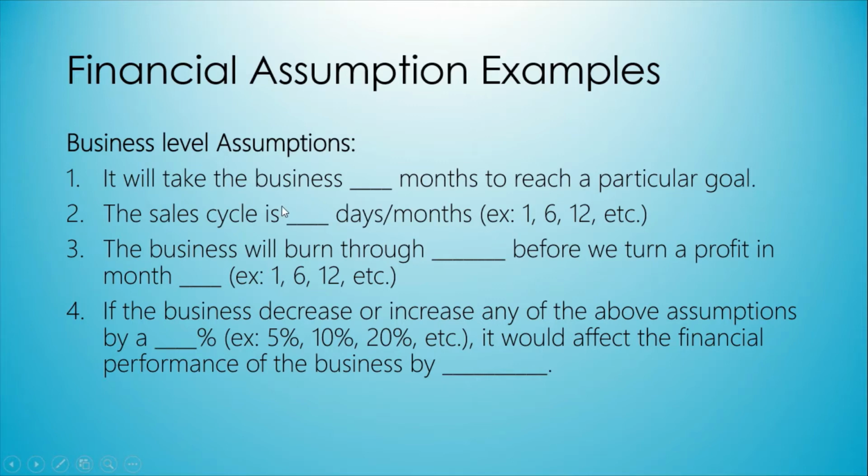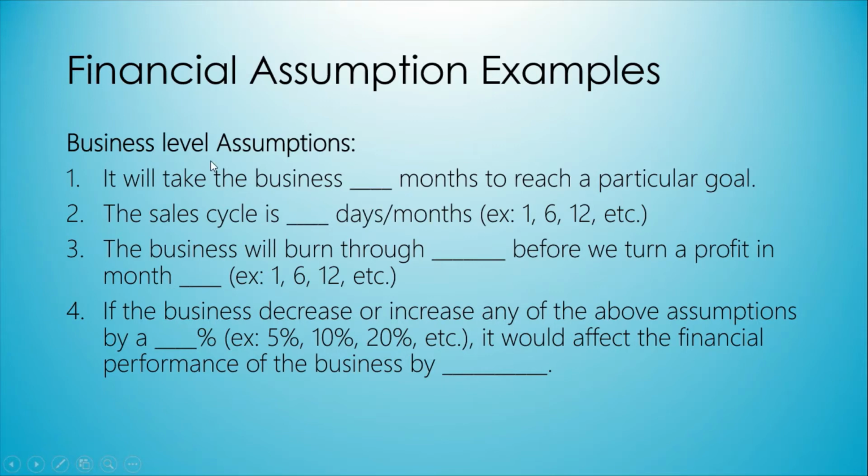Are you a cyclical business, or do you operate just in the evening, or do you operate during the morning, or are you going to be a 24-hour business? So it has to be described in your financial assumption as well.